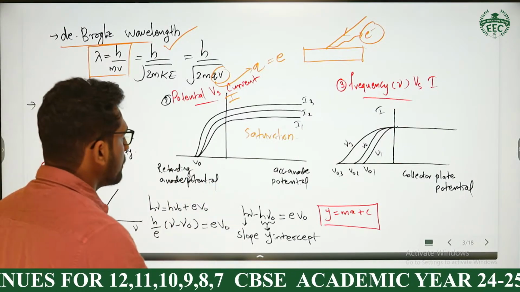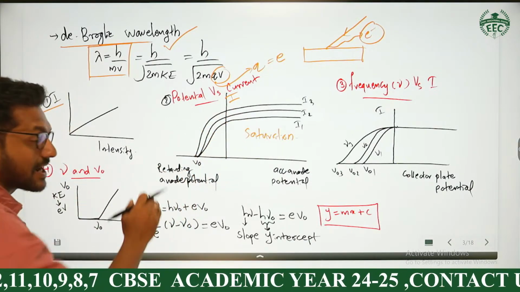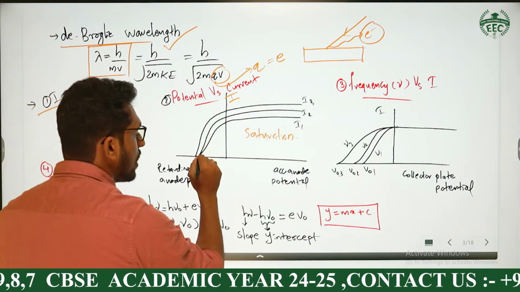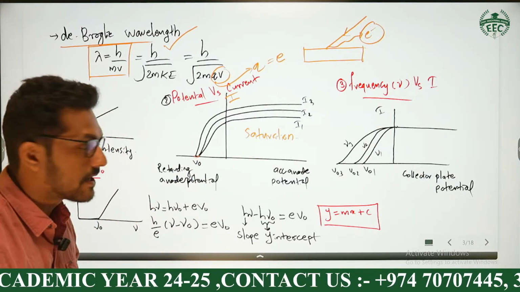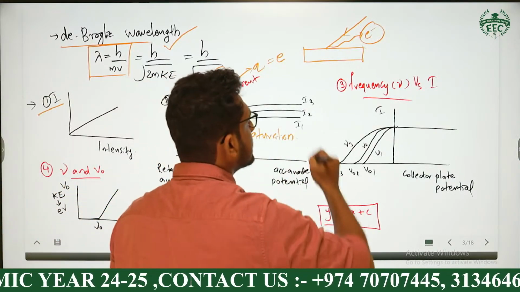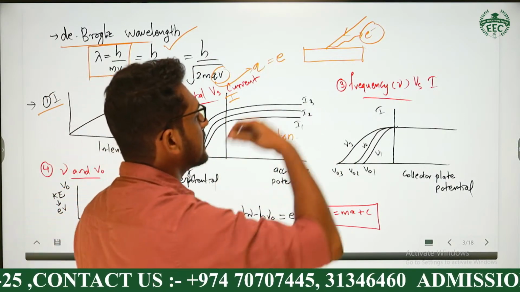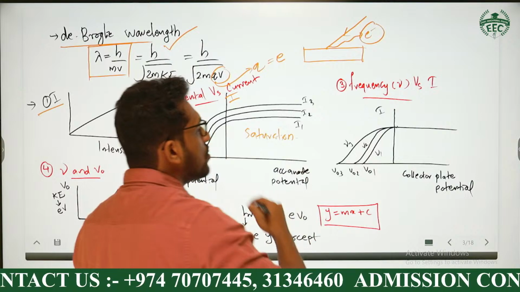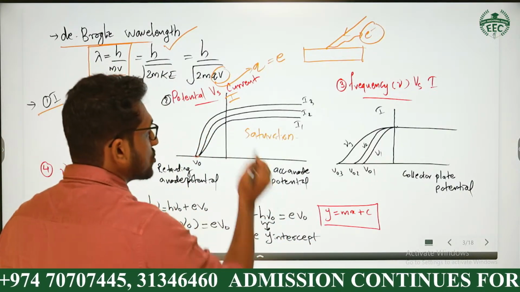And if we apply a negative potential, the current is reduced and finally comes to the value V0. That is called the stopping potential, right? And if we increase the intensity, this is the first intensity I1, and increasing it to I2, you get a larger saturation current, as shown in this graph.